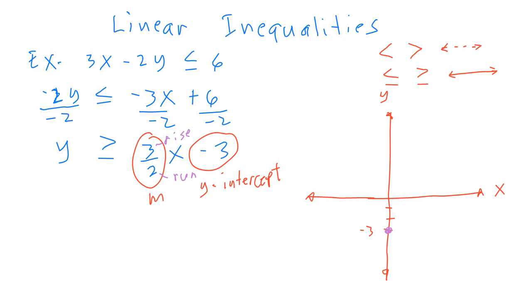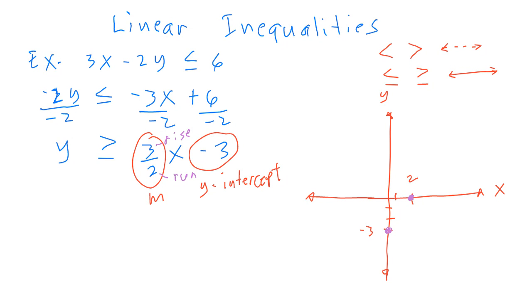From the y-intercept, which is negative 3, you move up 3 units because that's a positive 3. 1, 2, 3, you're at the point of origin, and our run is 2, move 2 units to the right. 1, 2, so our point would be at 2. So that's 3 rise and 2 run.